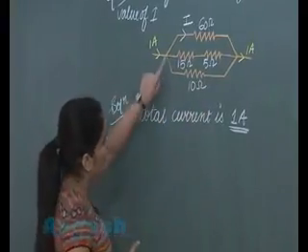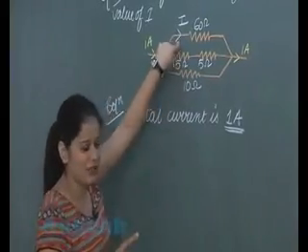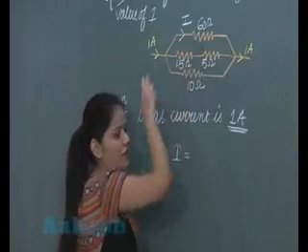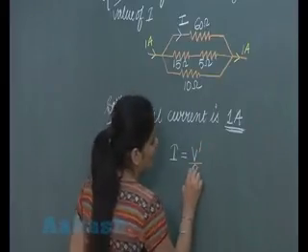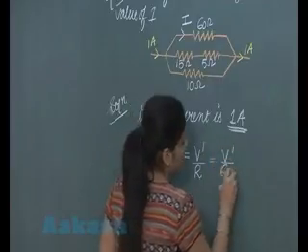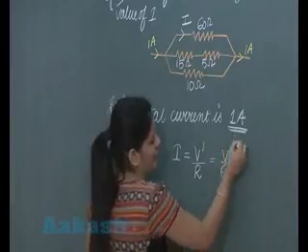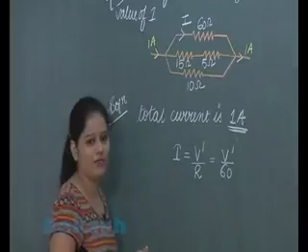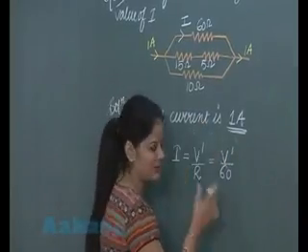Student, we have to find the current through 60 ohm resistor, and student, we know that this current I is given by the voltage across 60 ohm resistor, let it be V prime, divided by the resistance of 60 ohm resistor, which is 60. So student, if somehow we find the voltage across 60 ohm resistor, then we can find out the value of I. So let's find the voltage across 60 ohm resistor.